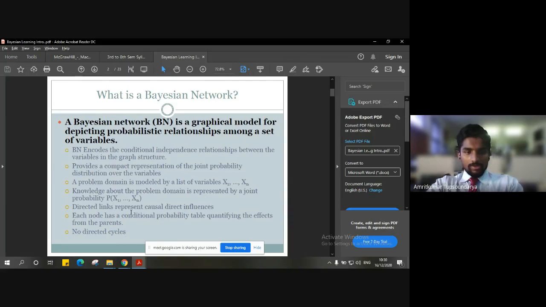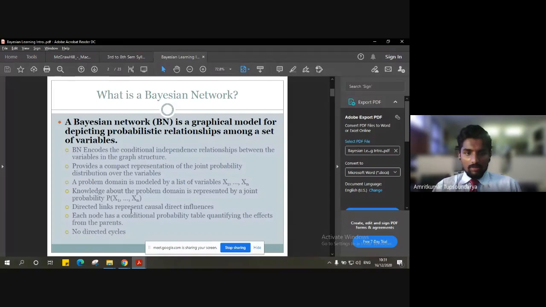Anyways, this is the overview of what a Bayesian network can be, just the representation and the overall depiction of the probabilistic relationship that we are doing. That gives you a fair idea of which problem domains we can apply this Bayesian network in.